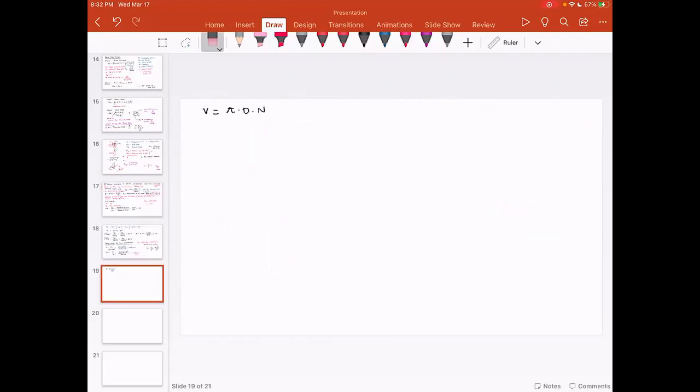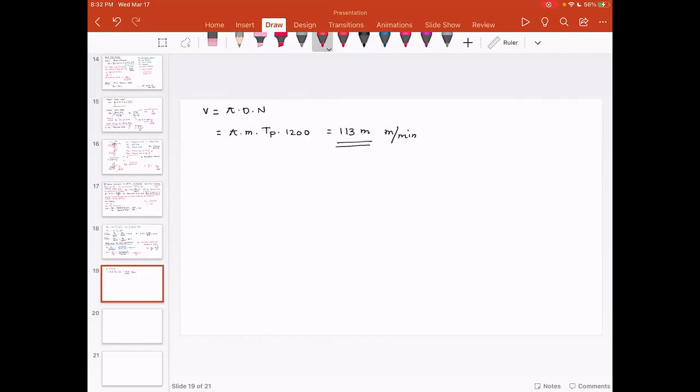So we won't have this term over here. So V is equal to pi times m multiplied by number of teeth on pinion multiplied by the speed of the pinion. That gives me 113 m meters per minute.